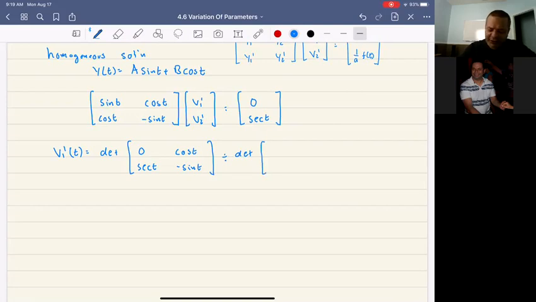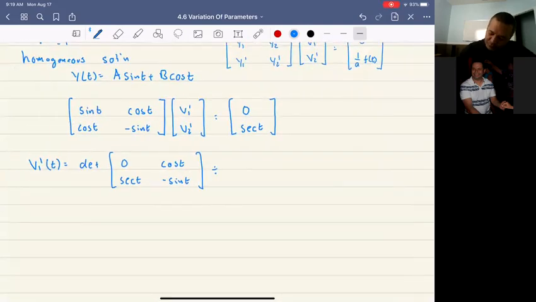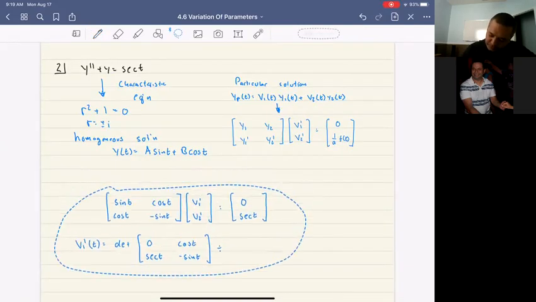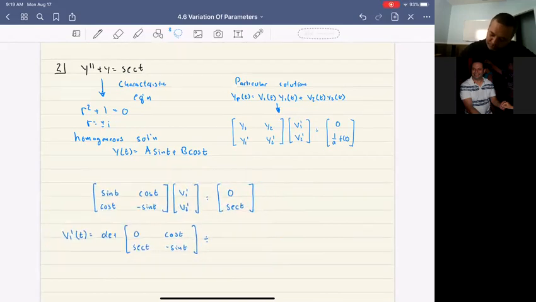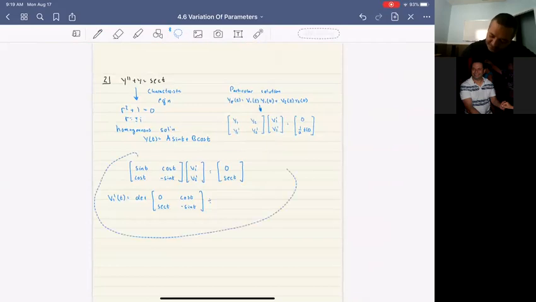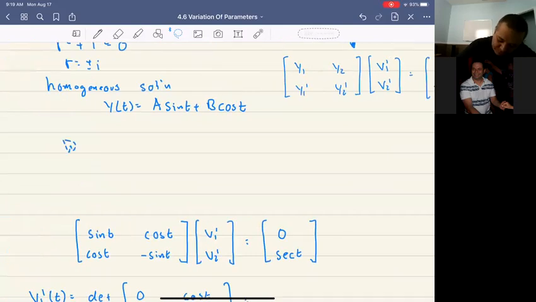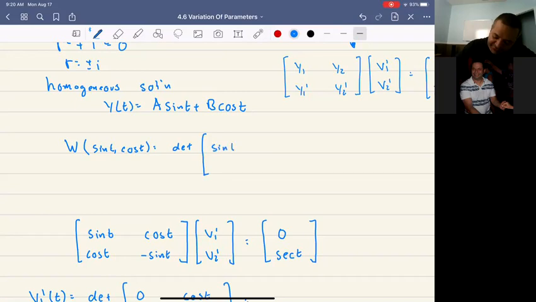Now actually I don't even need to do much here because I'm just going to see that the Wronskian of sine t, cosine t is the determinant of sine t, cosine t, cosine t, negative sine t.